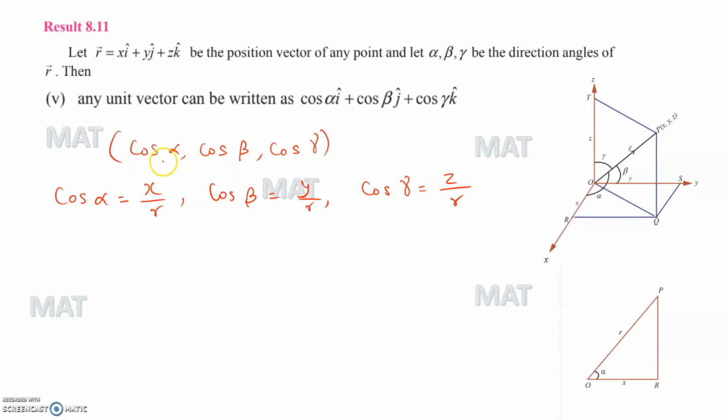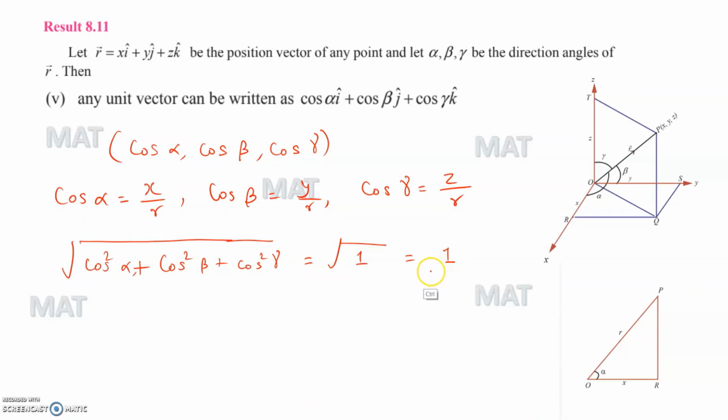So if this is our coordinate, then the length of this vector would be square root of cos squared alpha plus cos squared beta plus cos squared gamma. We already know that the sum of these is going to be 1. So this is square root of 1, and that is 1. So this is a unit vector.